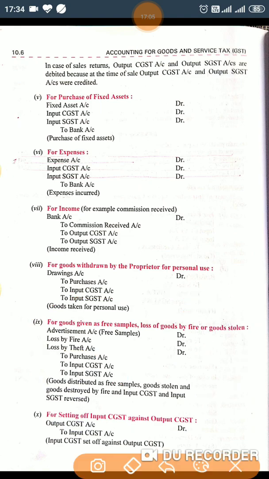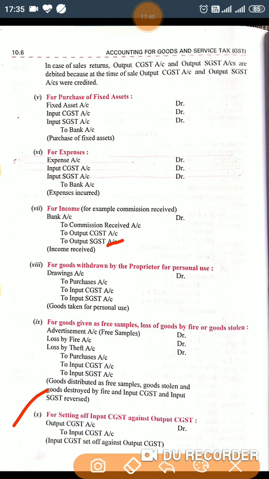Next is for setting off input CGST against output CGST. Input CGST is showing debit balance, right? Because we have debited at the time of payment, and output CGST is showing credit balance, right? So while we are setting them off against each other, we are canceling the input CGST against the output CGST.